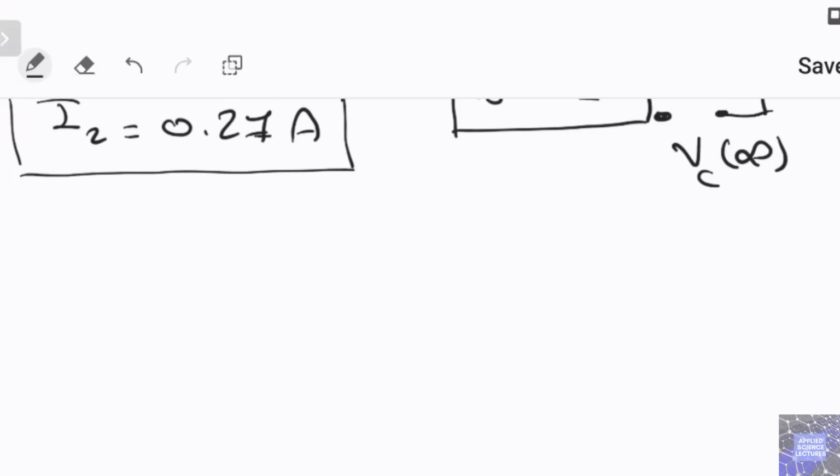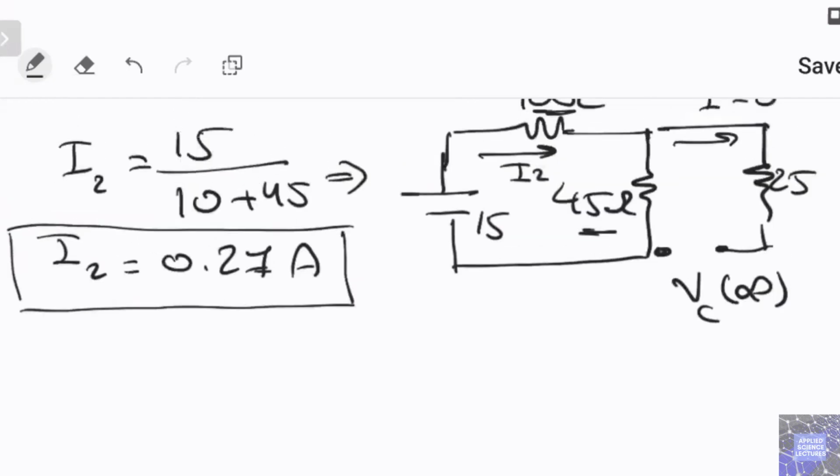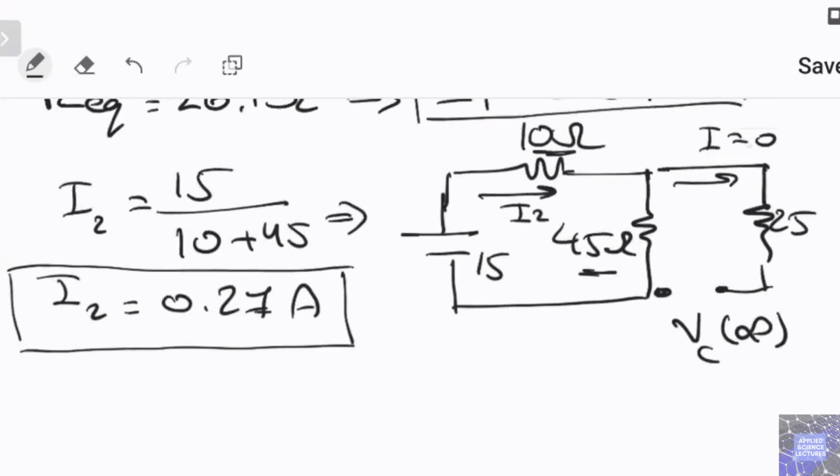In this case we will first need to calculate the voltage across this capacitor, and as I said, because the circuit here is broken, there's no current going into this branch, the voltage across the capacitor will be the same as the voltage across the 45 ohm. Why? Because there's no current going into the 25 ohm.